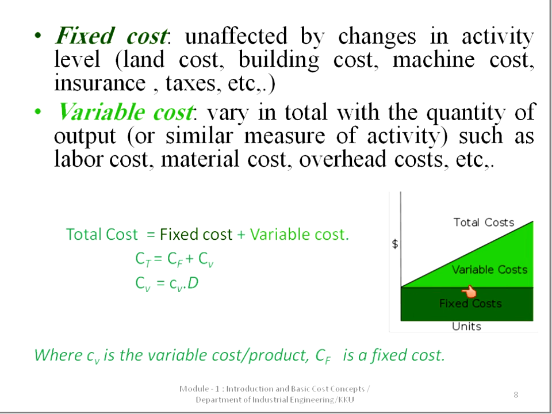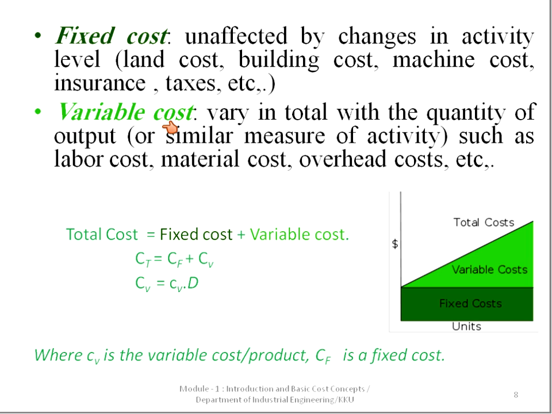So this kind of cost is called fixed cost. Hope you're clear that the fixed cost is a cost which never changes even though there is a change in output of a production system. Example I told you: land cost, building cost, machine cost, insurance cost, tax cost, and so on.